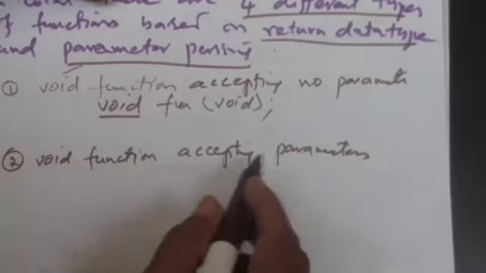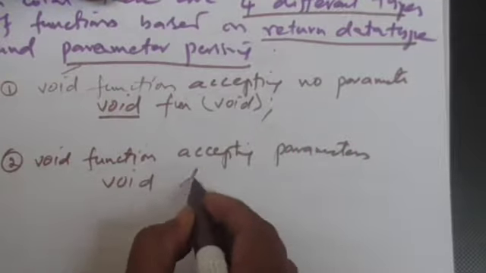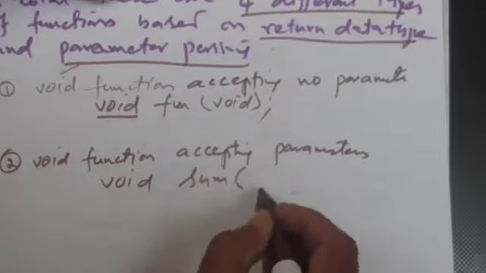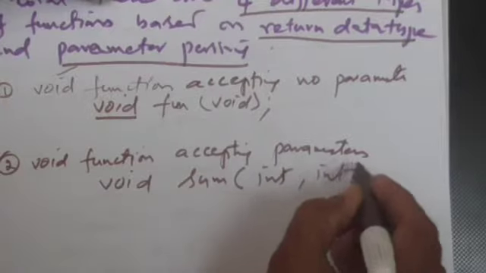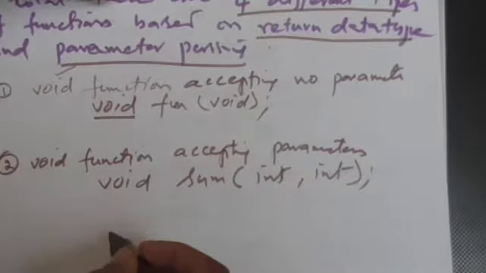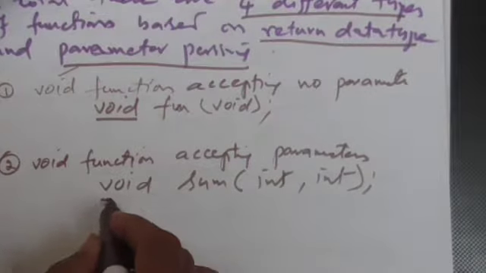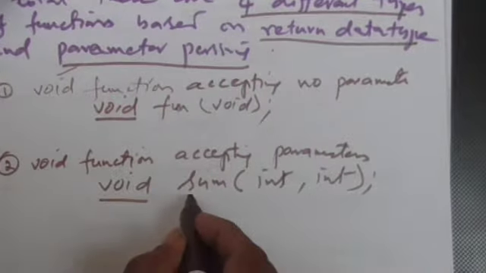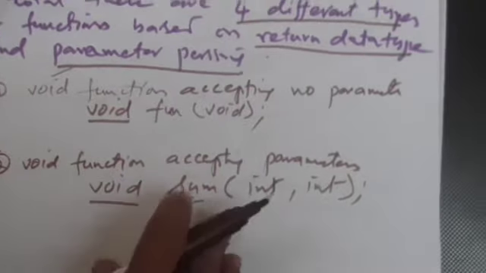And void functions accepting parameters: I can write void sum, and I am passing two parameters, or any number of parameters. By looking at the function declaration itself, you can say that it is a void function and the name of it is sum accepting two parameters.